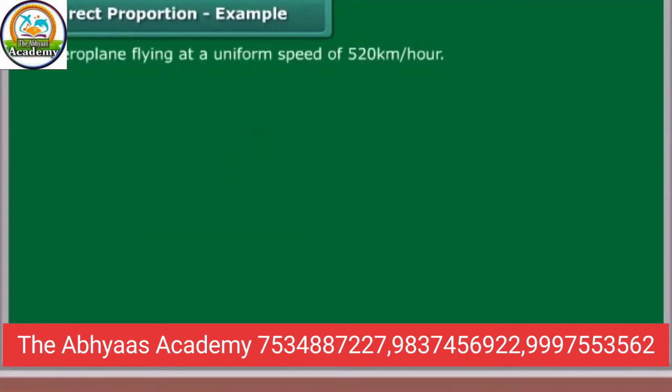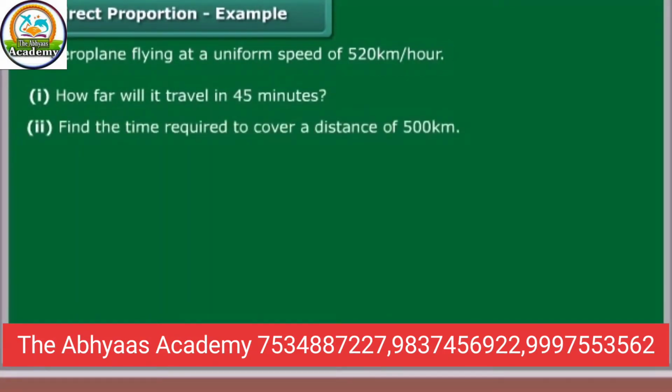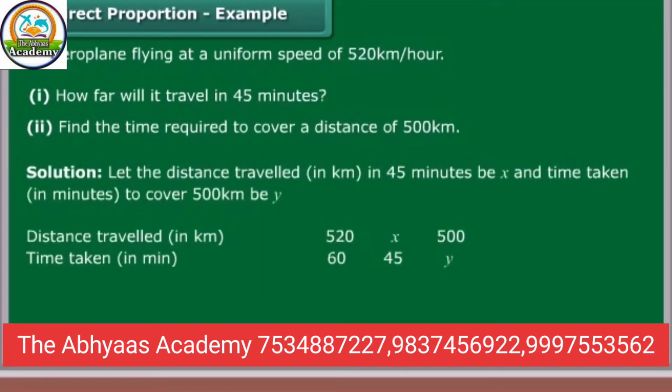Example: an airplane is flying at a uniform speed of 520 km per hour. How far will it travel in 45 minutes? Also find the time required to cover a distance of 500 kilometers. Solution: let the distance travelled in kilometers in 45 minutes be x and the time taken in minutes to cover 500 kilometers be y.